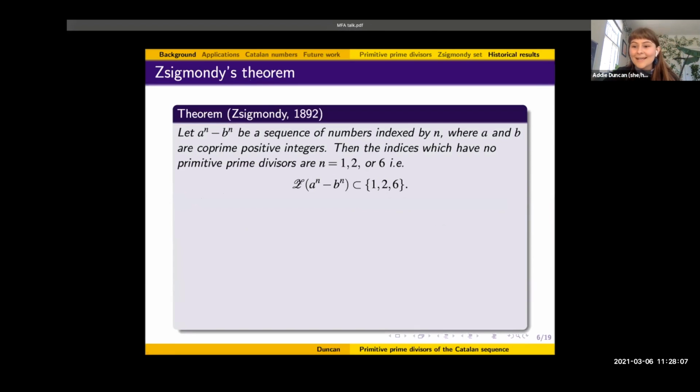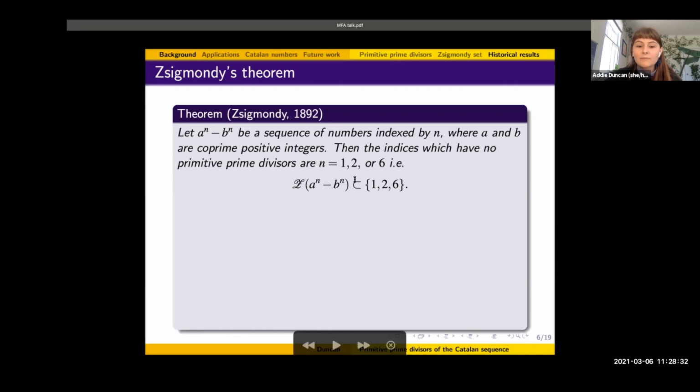The Zsigmondy set comes from the mathematician Zsigmondy, who worked on these kinds of ideas way back in the 1800s. Zsigmondy's famous result is for sequences of the form a^n - b^n, where a and b are coprime positive integers. He showed that the indices which have no primitive prime divisors are among n = 1, 2, or 6.